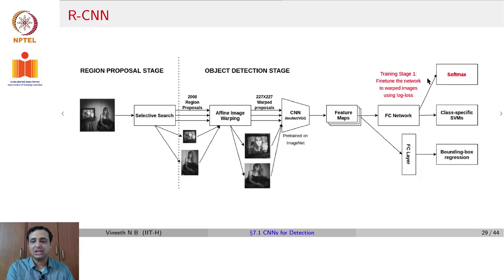We generally refer to cross entropy loss also as log loss, because when you have multiple classes, your cross entropy loss turns out to be simply the log of the probability of the ground truth class. Why so? Because your cross entropy loss is given by minus the summation over i of yi log pi.